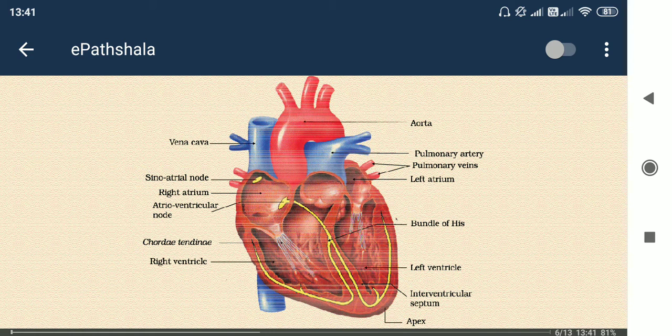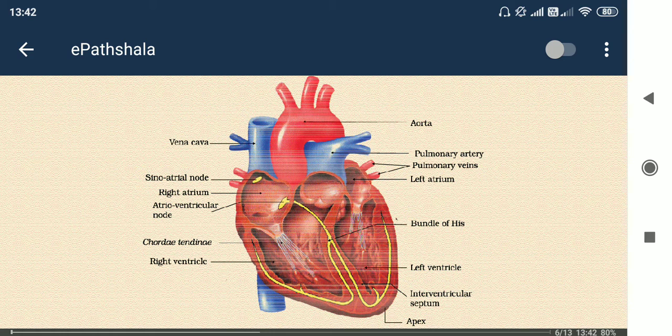It transports deoxygenated blood, meaning carbon dioxide rich blood, from the body parts to the heart, and it is incorporated into the atrium, specifically the right atrium. In the right atrium, the vena cava is known as the superior vena cava. So through the vena cava, deoxygenated blood, carbon dioxide rich blood, is coming to the atrium.